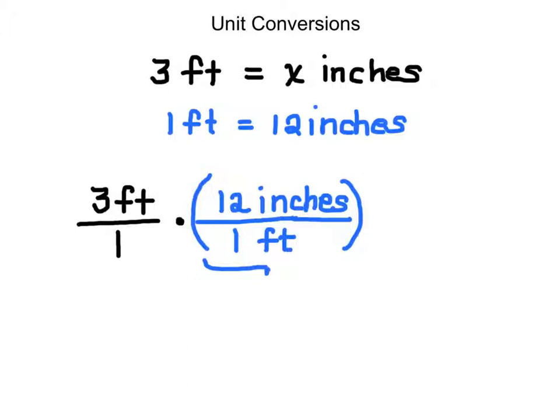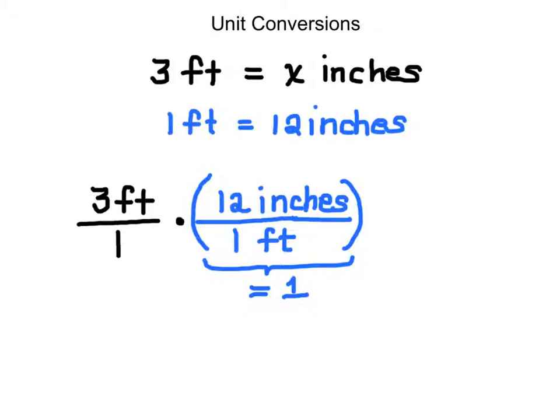So this entire ratio, which is our conversion factor, is equal to the number 1. And if you multiply anything by the number 1, then that anything stays the same. So if 3 feet is multiplied by a value that's 1, we'll still have the same length. It just won't be written in feet.